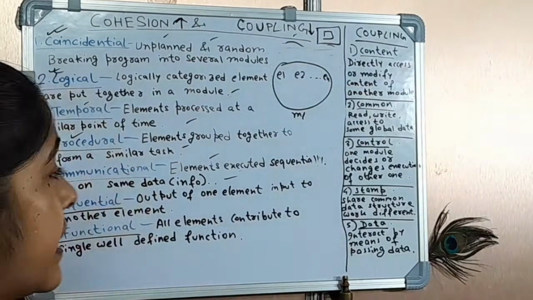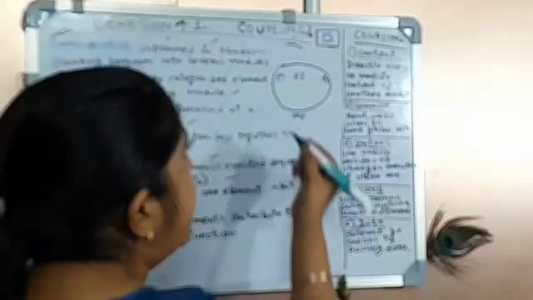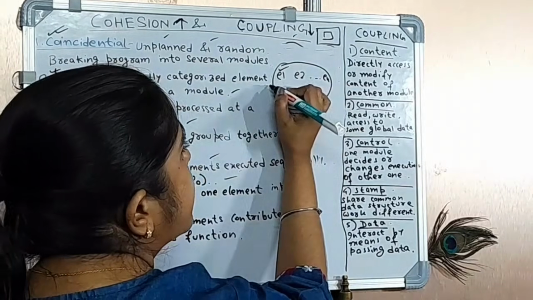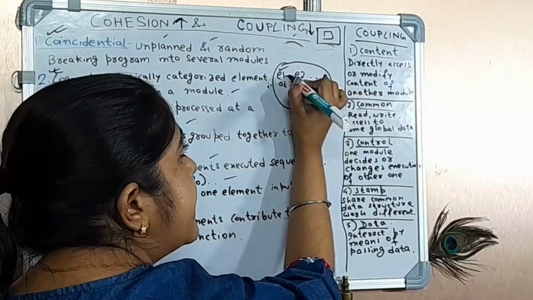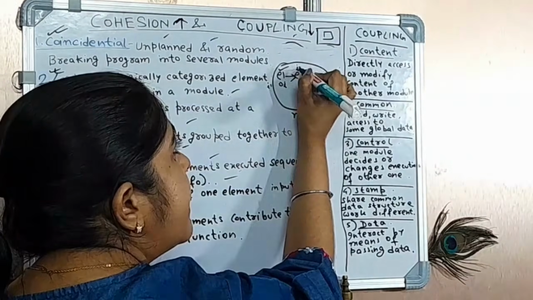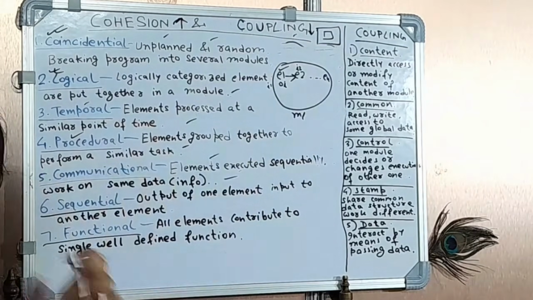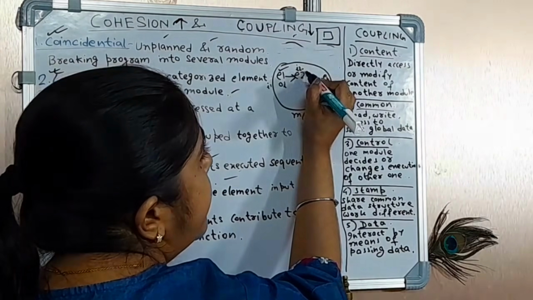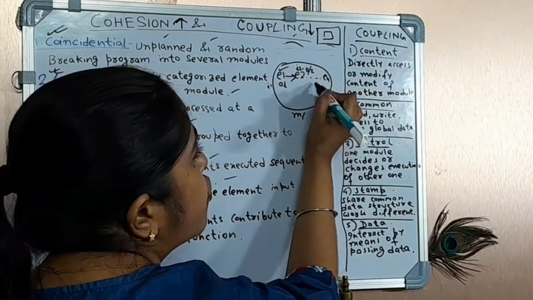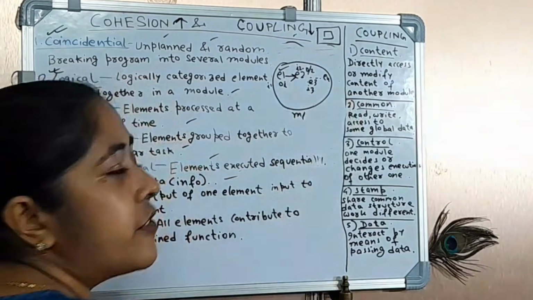Now what we have to see here is that the output of one element should be the input of another element. This is my E1, having some input and some output. The output of E1 should be the input of E2. Then again this output O2 should be the input of E3, that is I3.